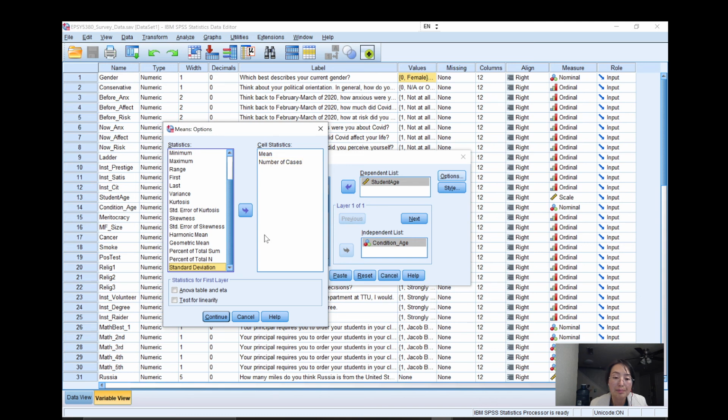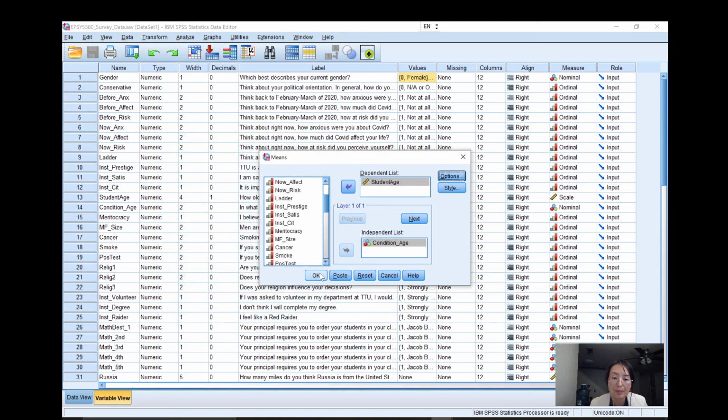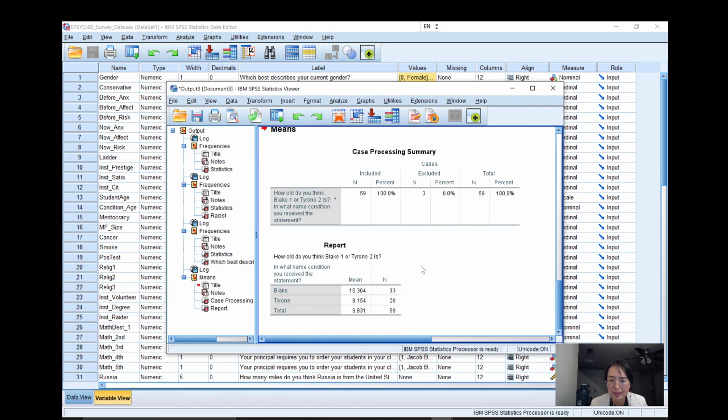I want to see how the mean age is different in each condition. I can put a maximum, minimum if I want to, but at this time I'll just go with this. Okay, I'll click yes.